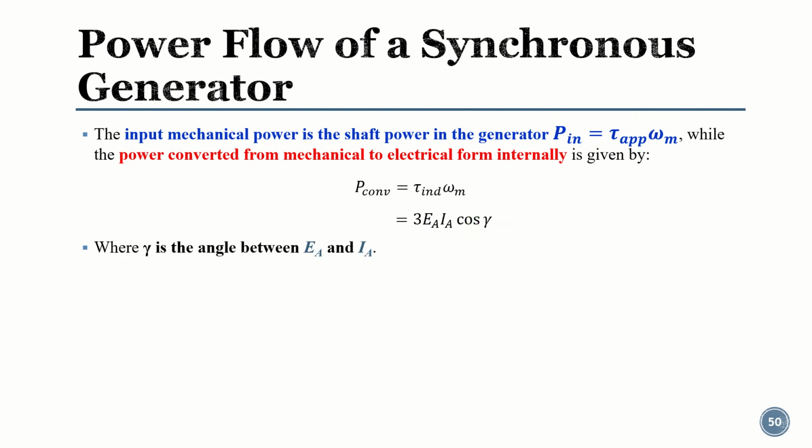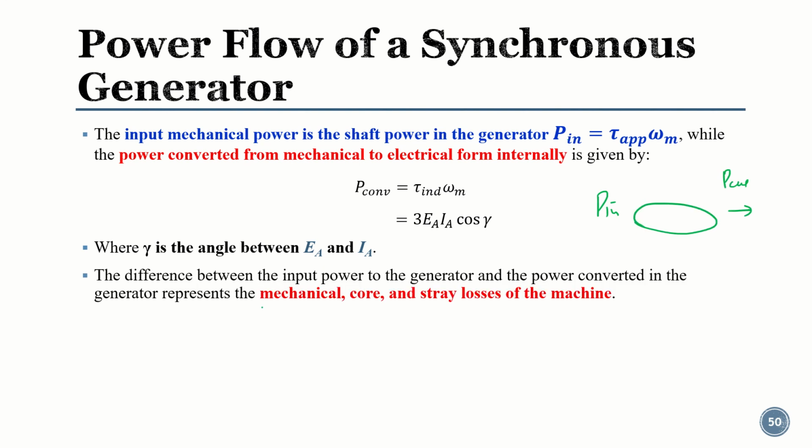Now this is the input power, and you are getting the converted power, so there will be some losses here, as we learned in the last chapter. Those losses are the mechanical, core and stray losses of the machine. Then after that we will have the electrical losses, and the difference will give our actual total converted power.